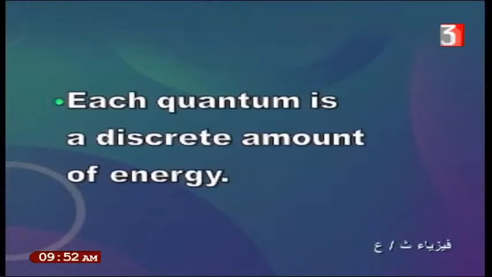Each quantum is a discrete amount of energy. So he proposed something very new, which is that energy is quantized. You cannot have any value of energy; it has a discrete amount.